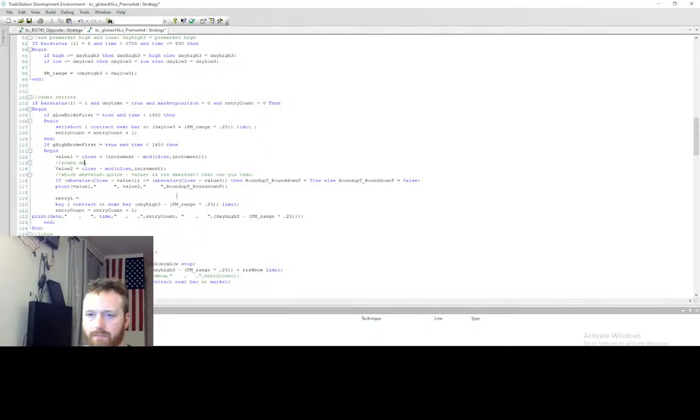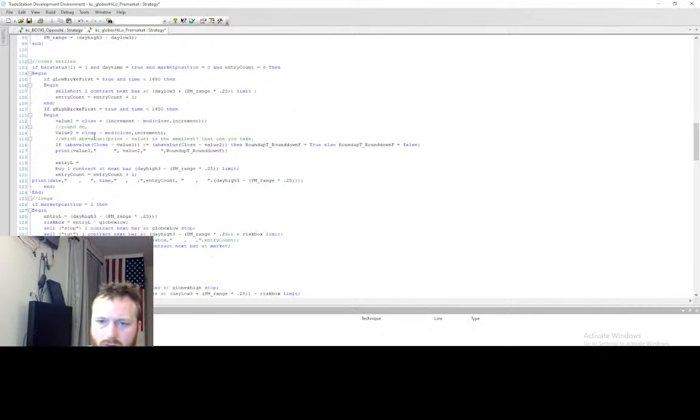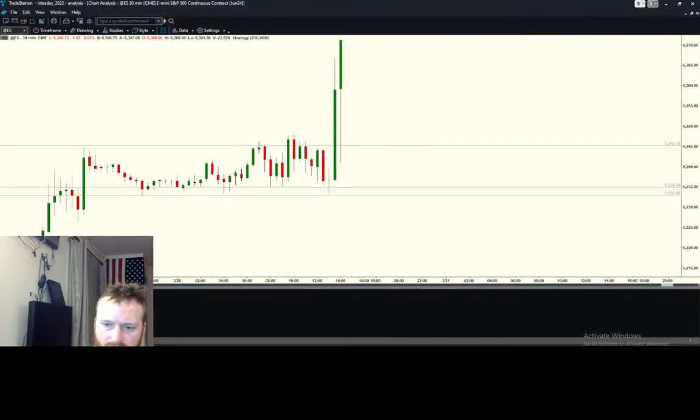Okay, here we go. So basically it says round up true, round down false, and it tells me which way to round. So here it says 5249.69.